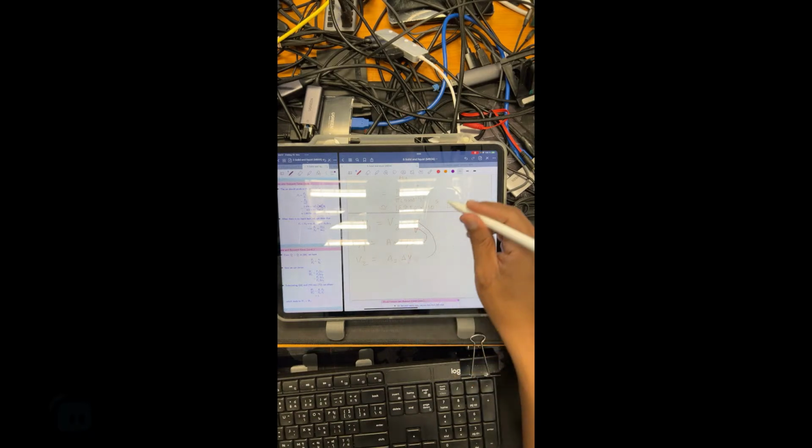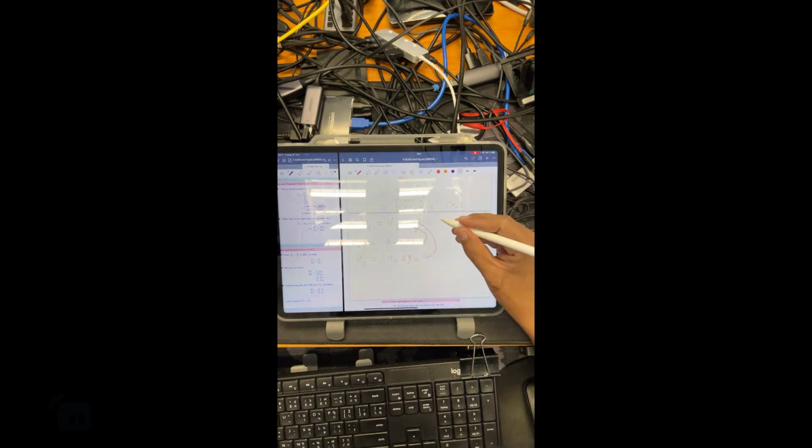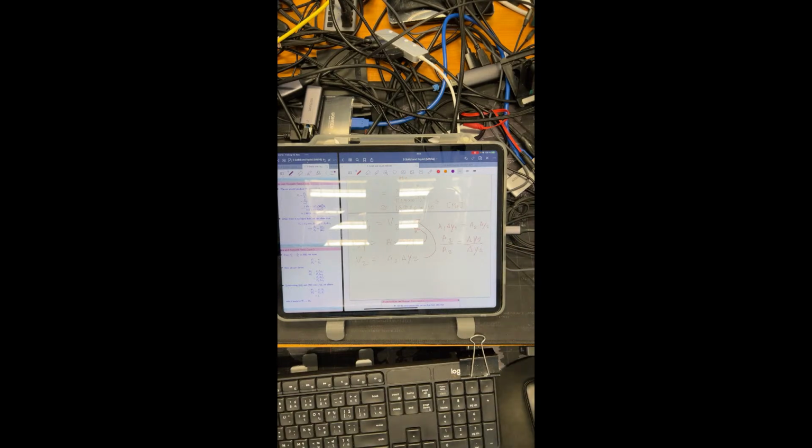We assume there is no fluid leak at all in that closed system, so you would have A1 times delta Y1 equals A2 times delta Y2, and you get the relation in the opposite way: A1 divided by A2 equals delta Y2 divided by delta Y1, right?